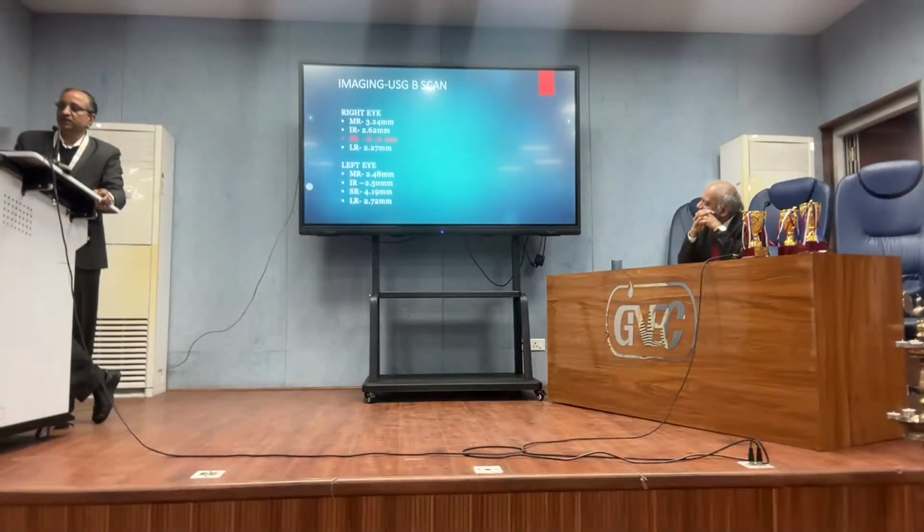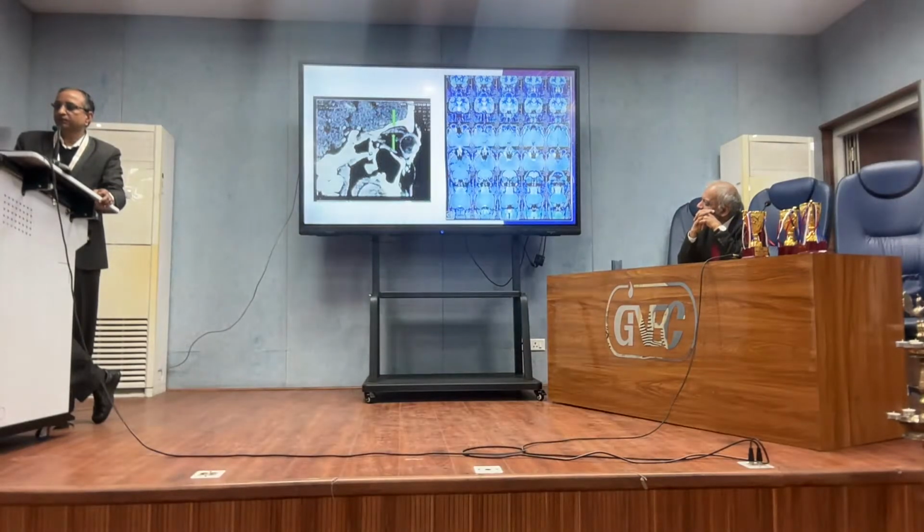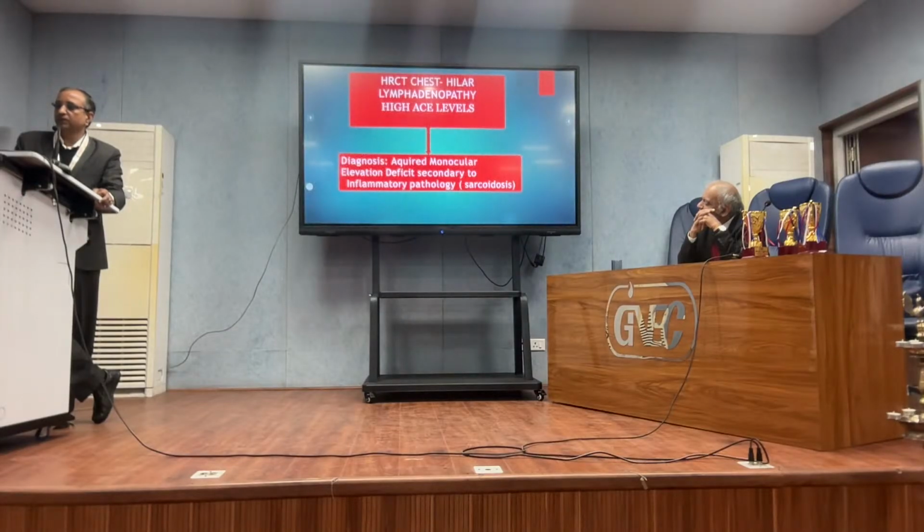Imaging was done, the SR was thickened. CT and MRI were done. HRCT shows hilar lymph adenopathy, and on investigation there were high ACE levels. So the diagnosis was acquired monocular elevation deficiency due to inflammatory pathology, query due to sarcoidosis.